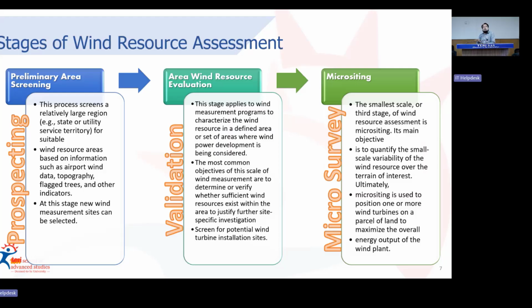The most common objective of this validation process is to determine or verify whether sufficient wind resource exists within the area to justify further site-specific investigation. So validation is the process of initiating the measurement at that particular site.